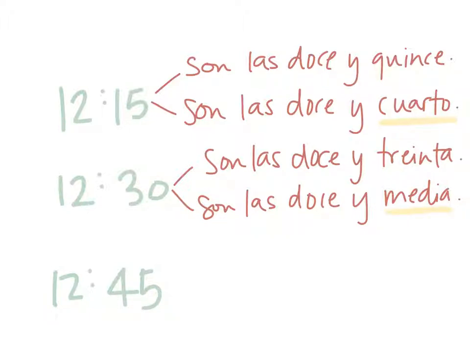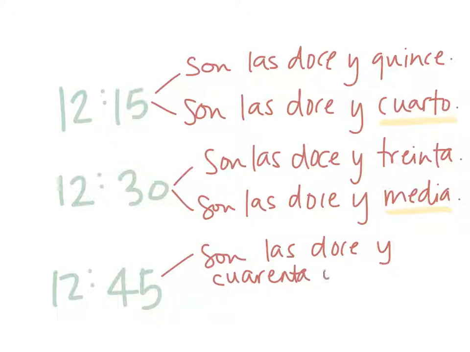So it'd just be like saying it's 12:30. All right, then we have 12:45. One way we could do that is saying son las 12 y 45. 12:45. Okay.